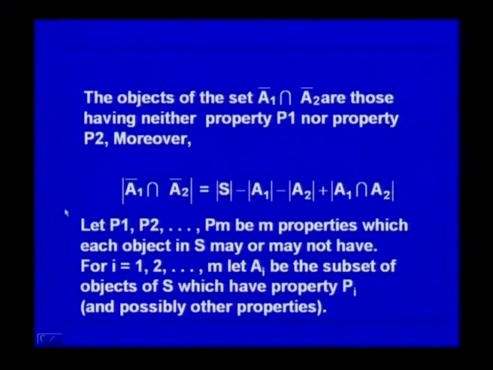You can generalize this. We have considered only two properties. You can generalize to m properties. Let P1, P2, ..., Pm be m properties which each object in S may or may not have. Then for i equal to 1 to m, let Ai be the subset of the objects of S which have property Pi.